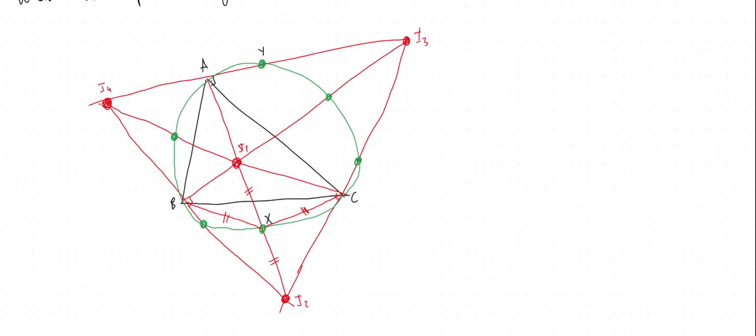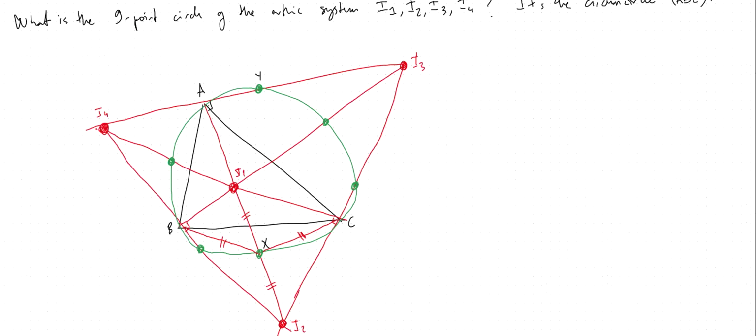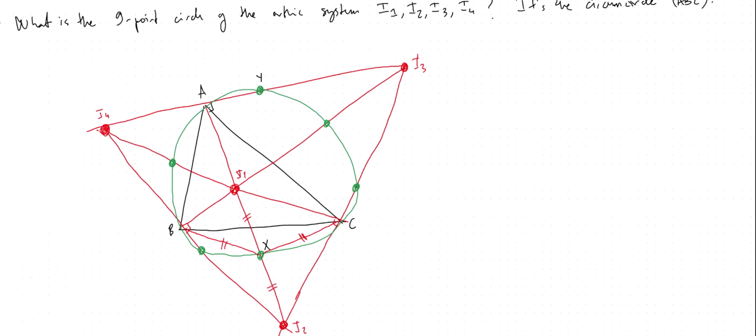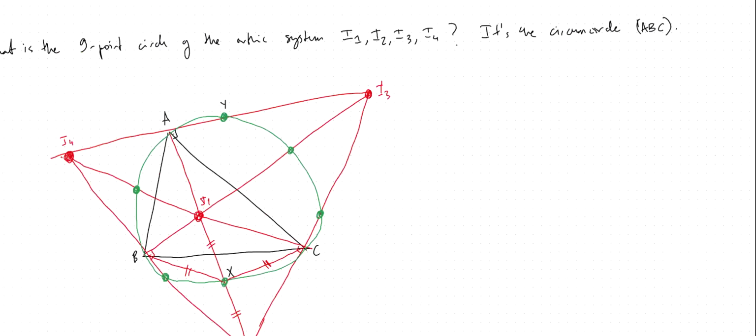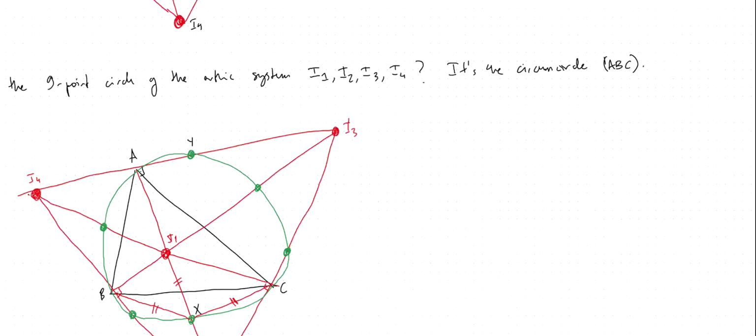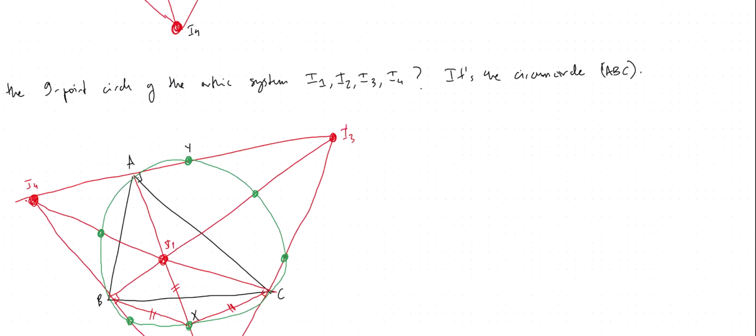Do you see this here? This happens for all of them. So for example, for Y, what are the things that are equal? Which distances are equal? So this has interesting connections.